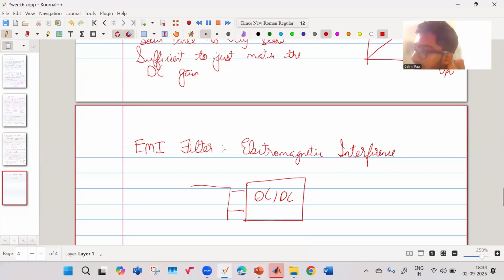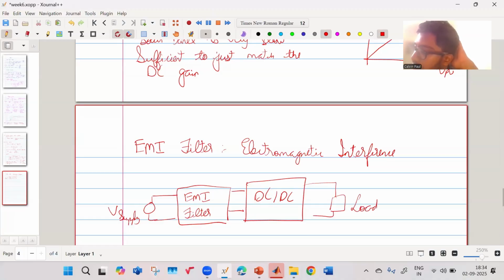Before that, you have to connect an EMI filter. And this is your supply, and this is your load. This is a very small example, right?